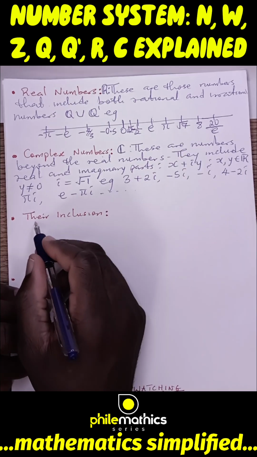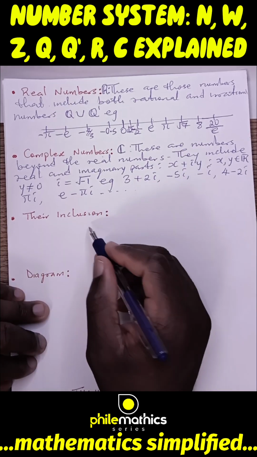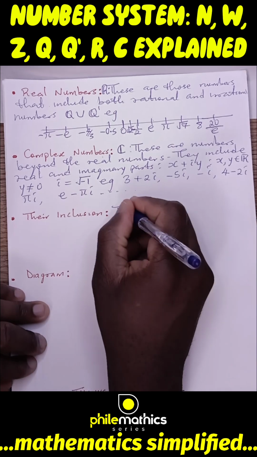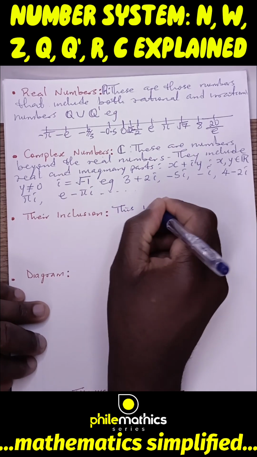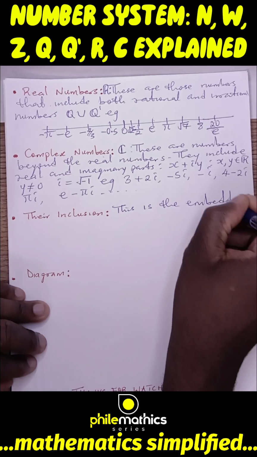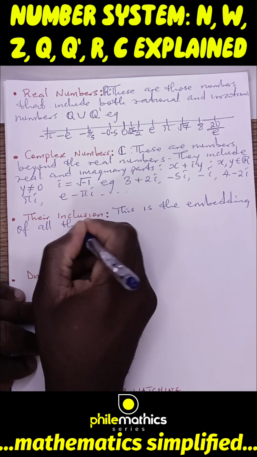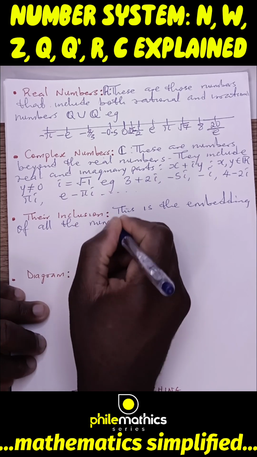Now, how do we find the inclusion? The inclusion is also called the embedding of all the number systems.